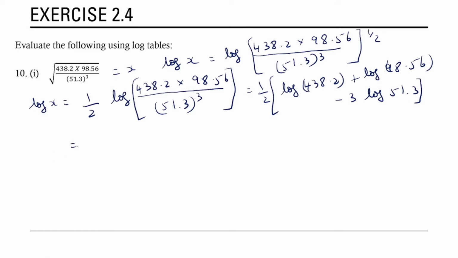So this is equal to half of, so log 438.2 will be 2. So we have to see row number 43, column number 8, and add the mean difference corresponding to column number 2.